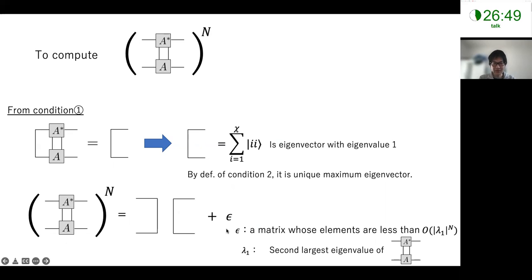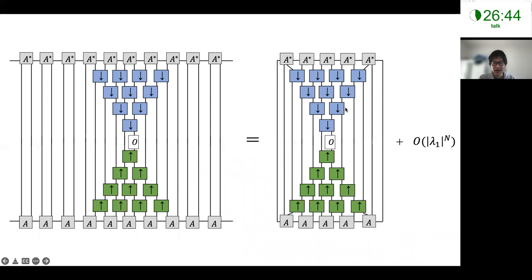So using this observation, we can calculate local observable again.